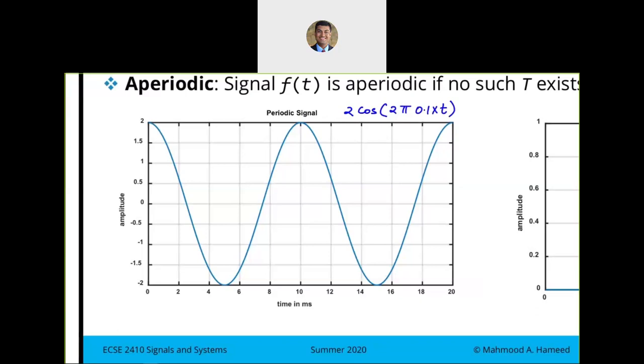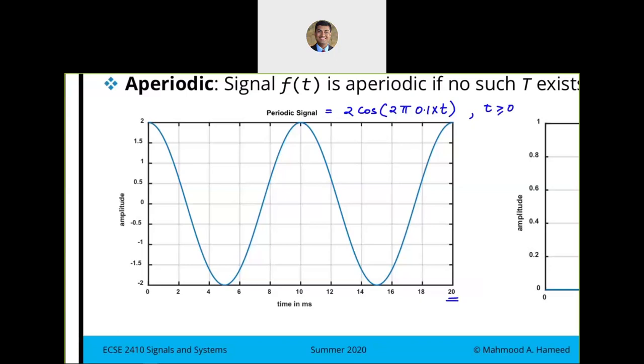So the periodic signal, I'm able to write it mathematically over here. I have to be careful here because this is only for t greater than or equal to 0. I have not defined it for time less than 0. So this is how it looks for time greater than 0. In fact, I don't even know what it does after 20. So I might need to limit it.